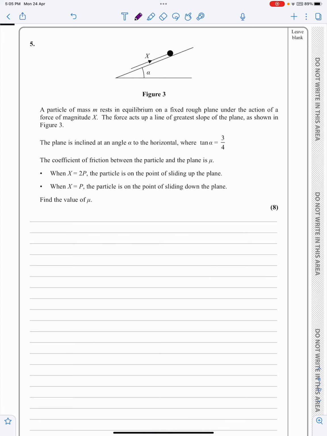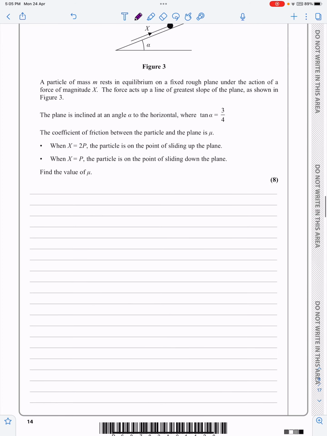This diagram isn't good enough for me to draw all over, so I'm going to draw a new diagram and put all my information on it. So what have we got? We've got a particle acting on a plane.